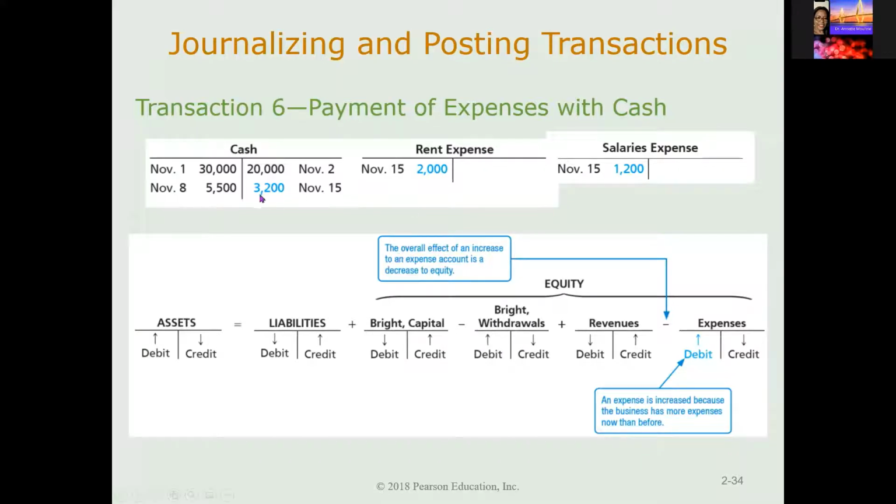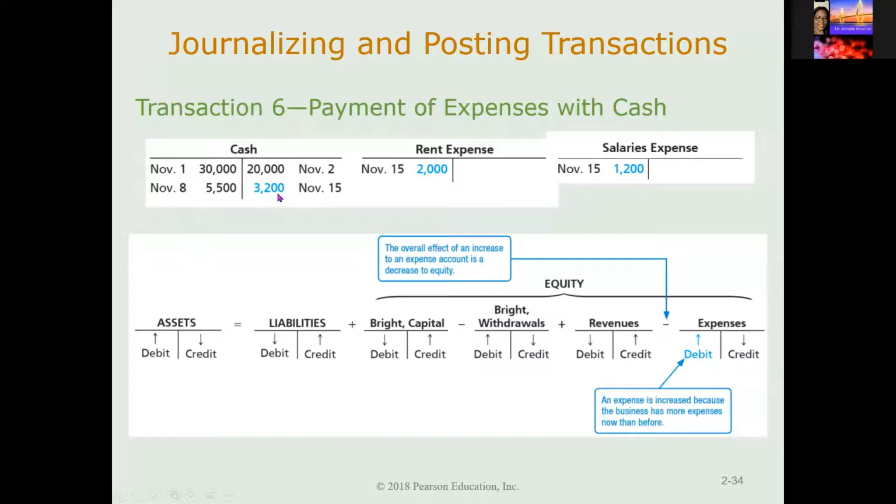Here you have the November 1st, $30,000. Then on November 2nd, cash was credited for $20,000. November 8th, I think it was the payment that was received, $5,500, because of course that is an increase to an asset. And then there's a $3,200 that was credited.